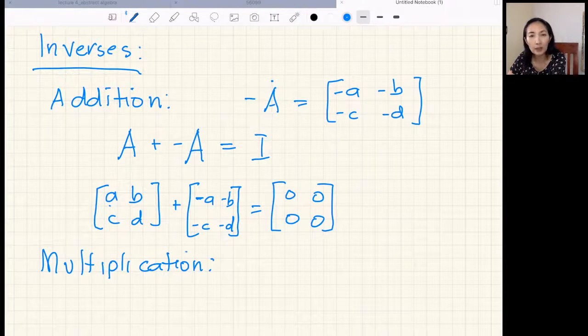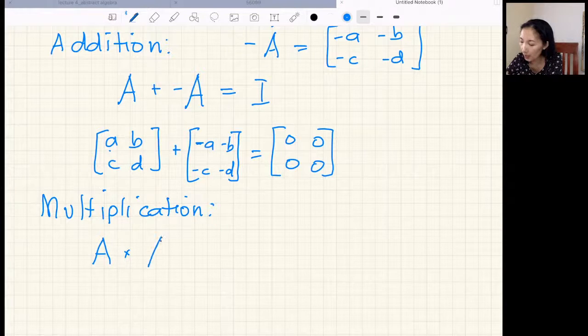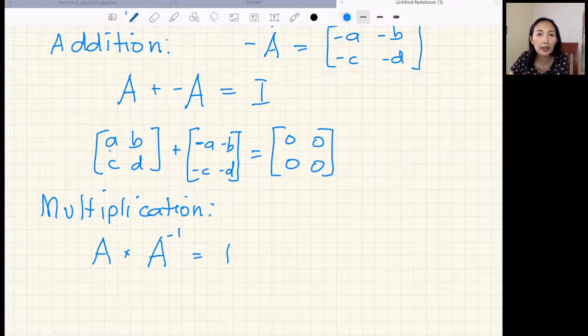What about for multiplication? Again, by definition, when we speak of inverse, it's that element which when multiplied to a given matrix, which we may denote as A raised to negative 1, will give the identity element. Now, what is our identity element with respect to multiplication?